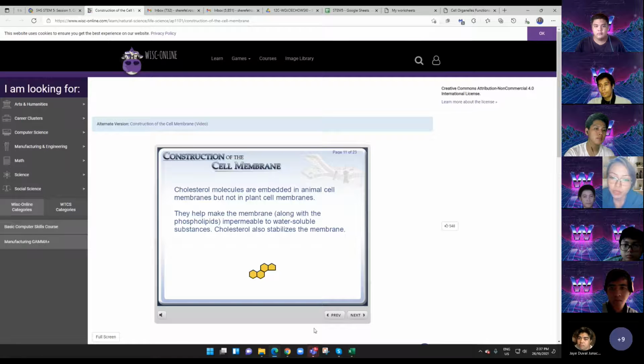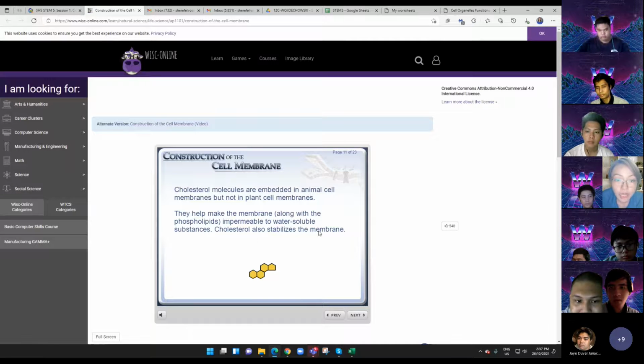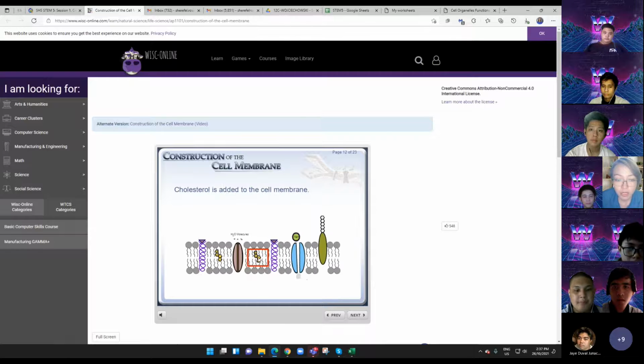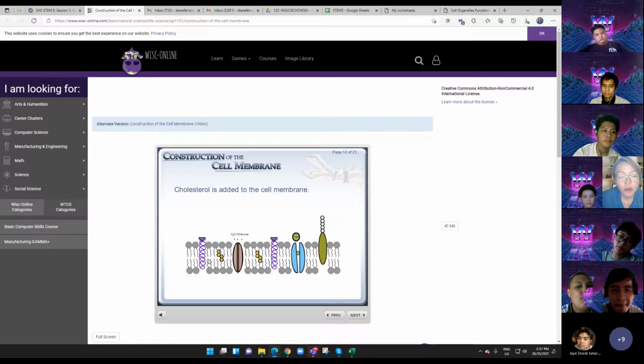Another from the fluid mosaic model is we have a cholesterol. Cholesterol is a family of lipids, of course, and this is stabilizing the membrane and also impermeable to water-soluble substances. So this will also retain the fluidity of our cell membrane. So you can see, asa kanimo makita si cholesterol, naa siya floating in the hydrophobic layer of our cell membrane.